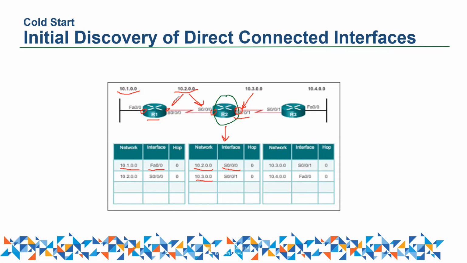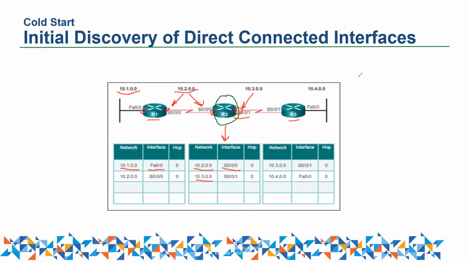This network is connected: 10.2.0.0. And the same story is here with R3. Okay, guys, so this is the result of the second process, initial discovery of the directly connected interfaces.